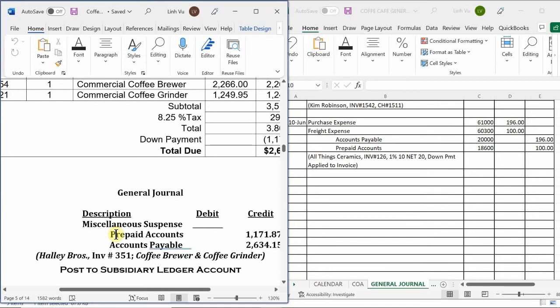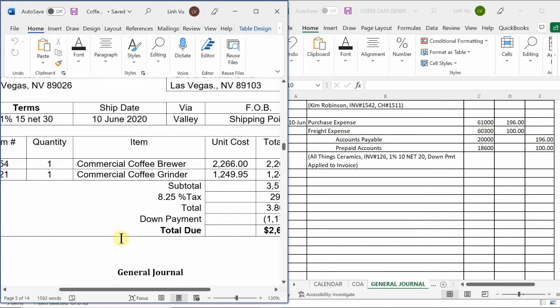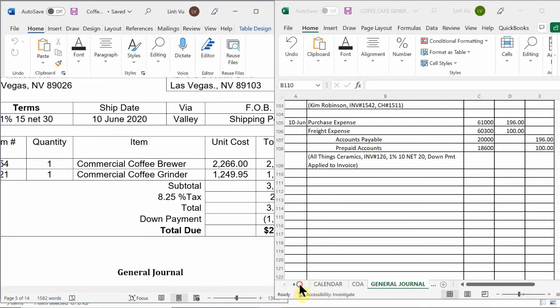So let's go ahead and do that now, because I'm telling you to put it in the miscellaneous suspense account because I'm the accountant and you're the bookkeeper, right? So I'm telling you that I want these two assets to be in the miscellaneous suspense account. So, chart of accounts.